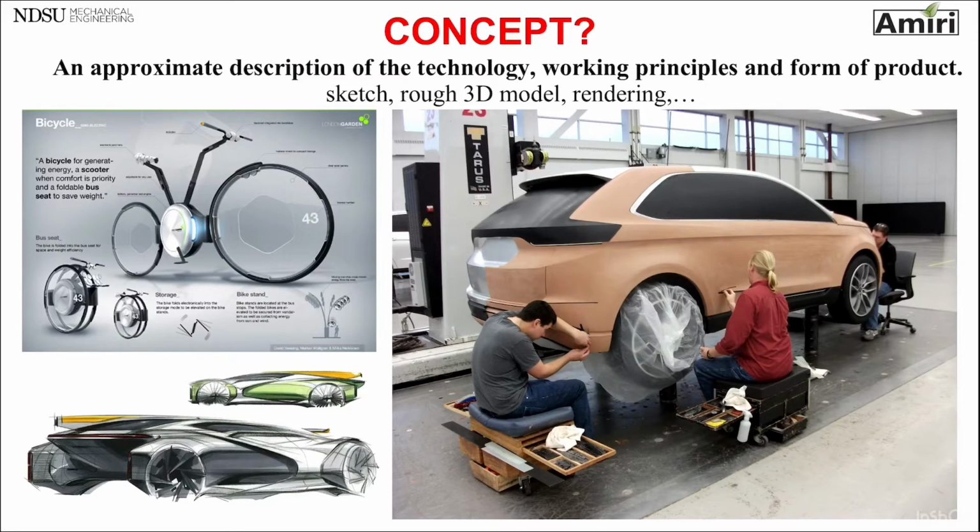So it's an approximate description of the technology, working principles, and form of product. It could be anything, ranging from a sketch to a clay model to an approximately working prototype. Could be considered a concept.